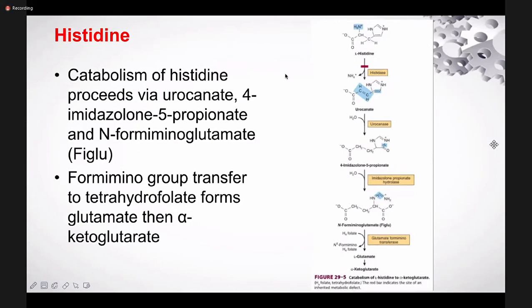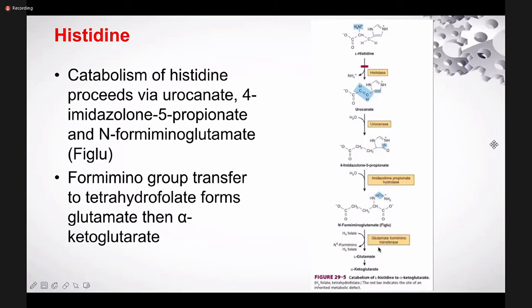So the next amino acid is histidine. Catabolism of histidine proceeds as follows: from histidine, there is 4-imidazolone propionate, and then the formation of FIGLU, or N-formiminoglutamate. From this, the formimino group is transferred to tetrahydrofolate.